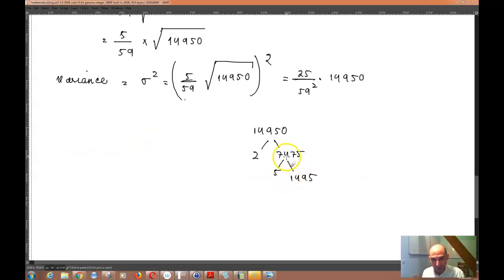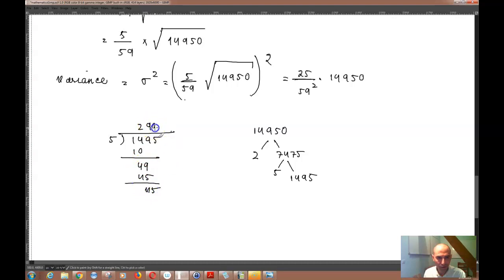So 1495, again you can divide by 5. 1495 divided by 5, you will get 299. So 5 times 299.